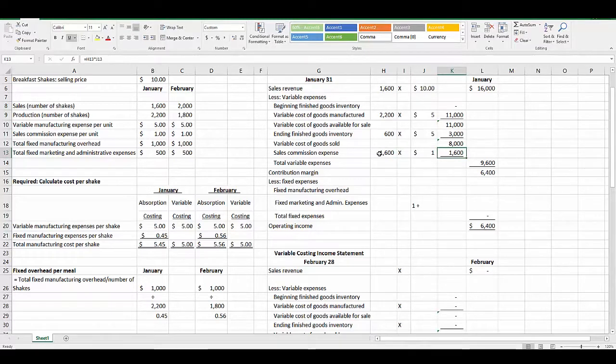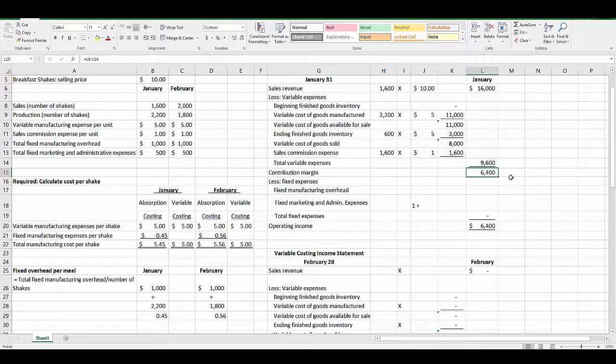So that's $1,600. So our total variable expenses, the cost of our goods, 8,000 plus the sales commission, will give us total variable cost of 9,600. Our sales are 16,000 less 9,600 equals a contribution margin of 6,400.